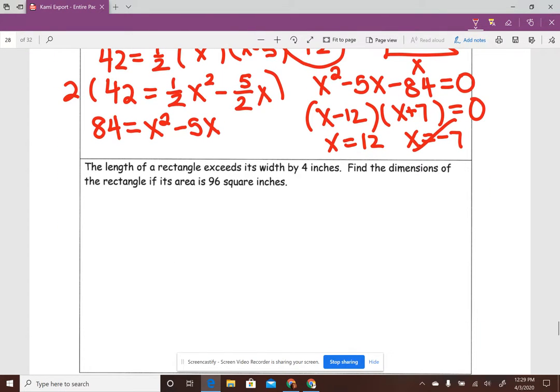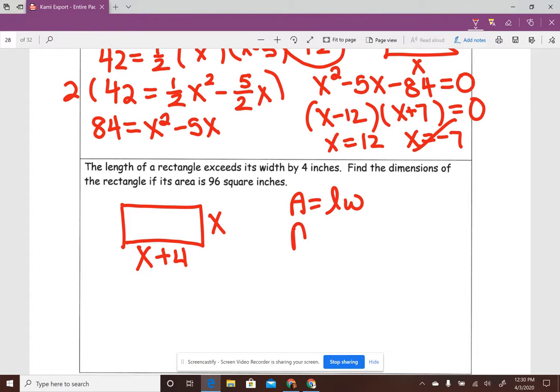Okay. The length of a rectangle exceeds its width by 4. So I'm going to make the width x, and I'm going to make the length x plus 4. Exceeds is just a fancy way of saying greater than. More, added, whatever. Okay, so the area of a rectangle is length times width, or base times height.